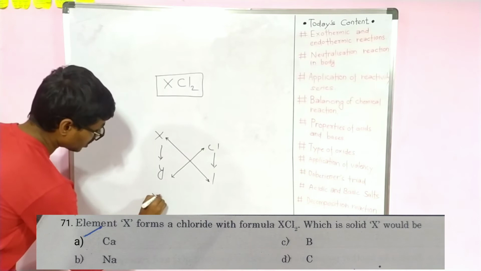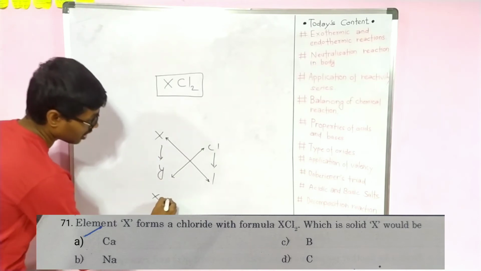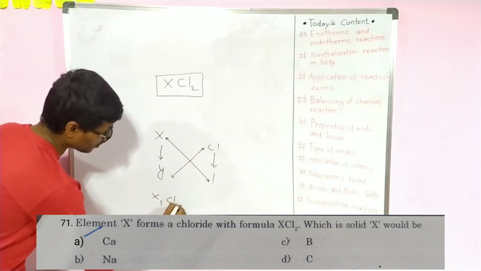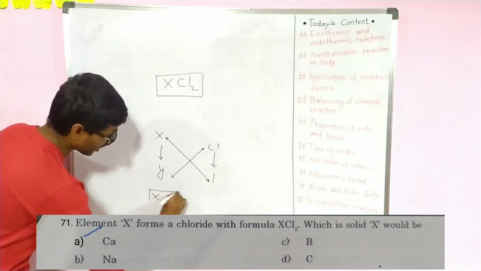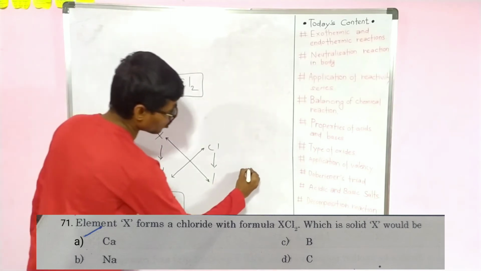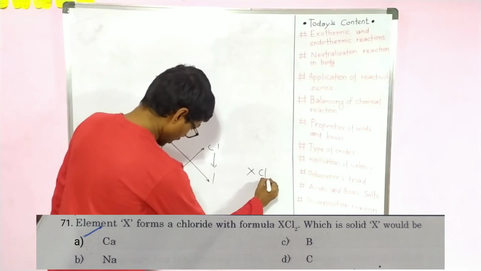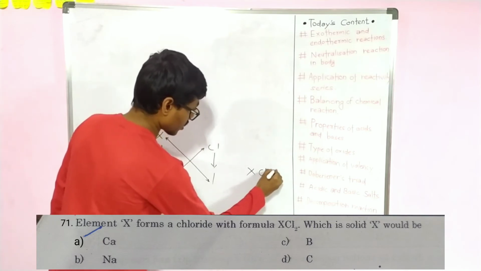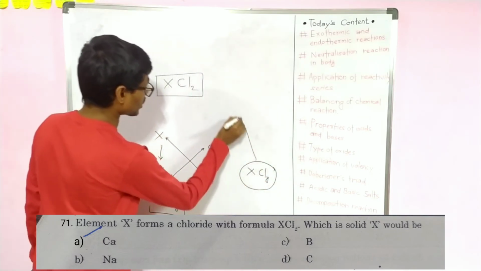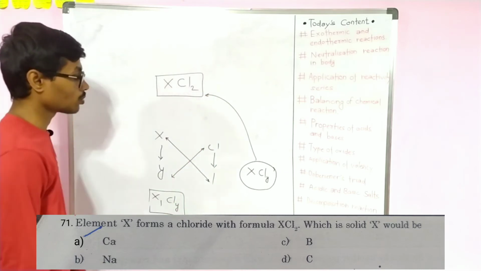Now with one X there will be 1 and with Cl there will be Y. So if we apply crisscross method, we get formula of compound XClY.